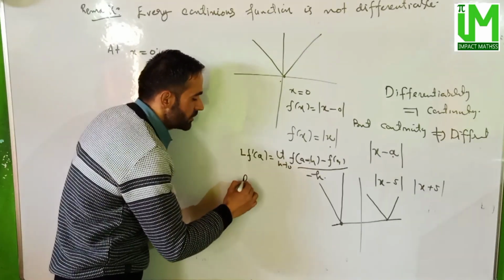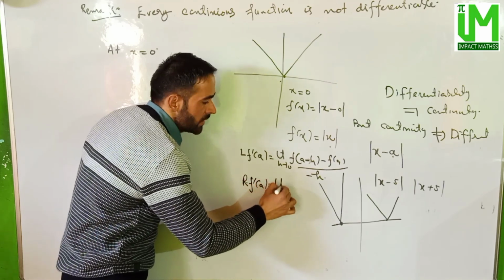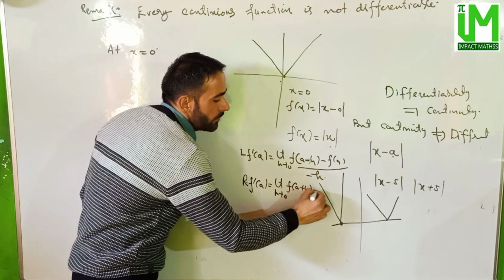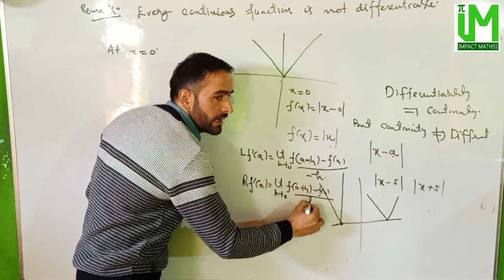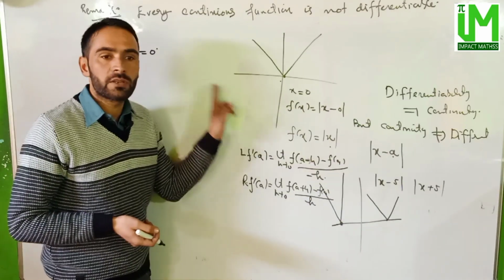And the right hand derivative, R f dash of a, is limit h tends to 0 of f of a plus h minus f of a divided by h. Okay, here the value of a is equal to 0.